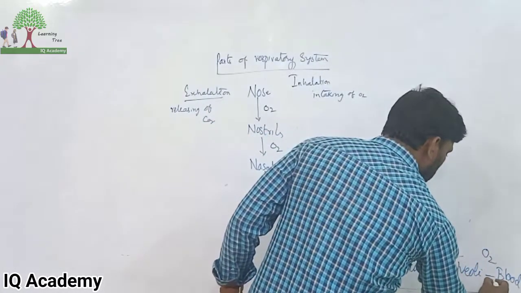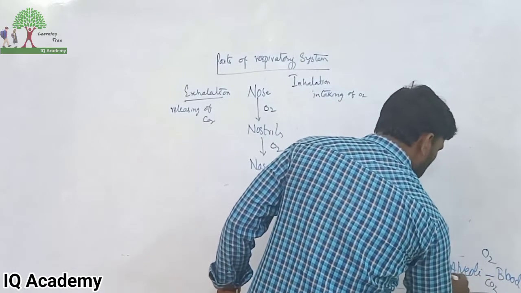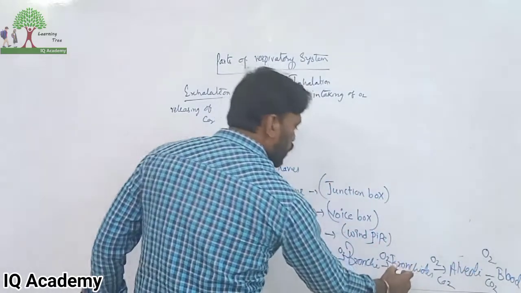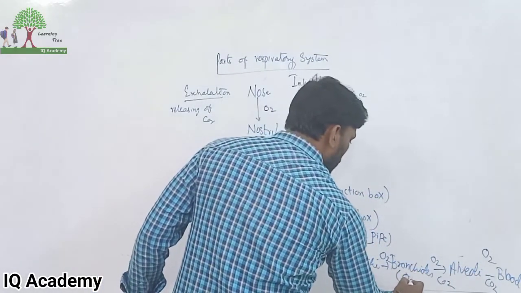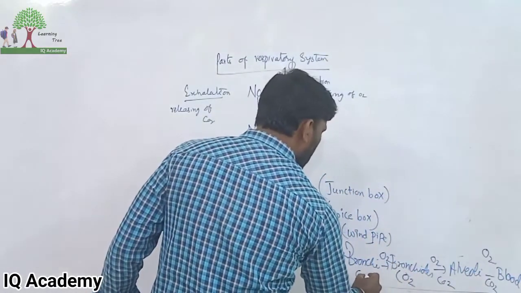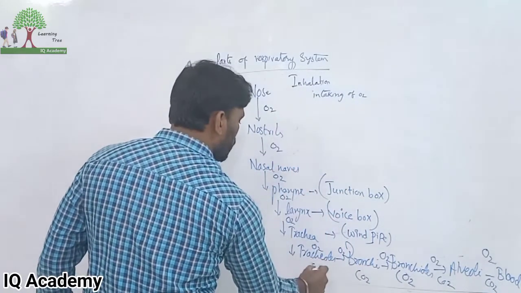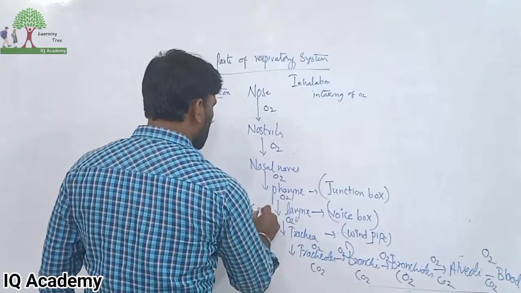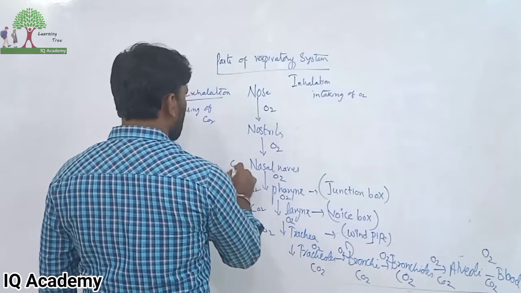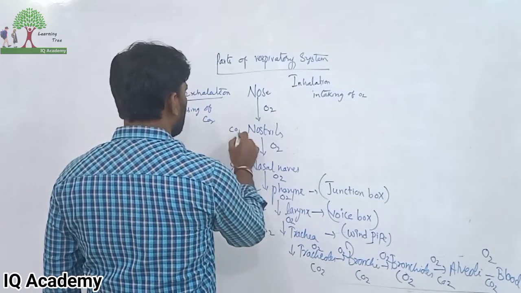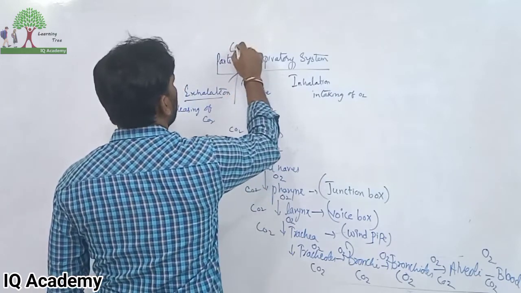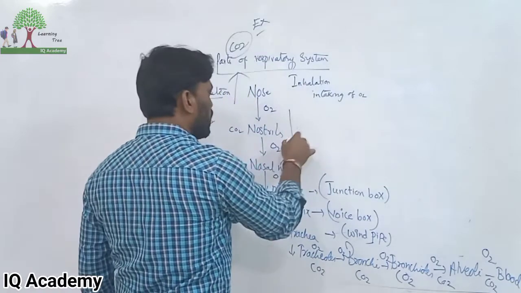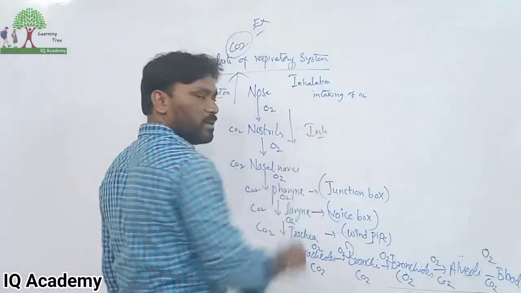The carbon dioxide comes from blood to alveoli, bronchioles, bronchi, tracheoles, trachea, larynx, pharynx, nasal nares, and through the nostrils it comes outside. This is called exhalation.